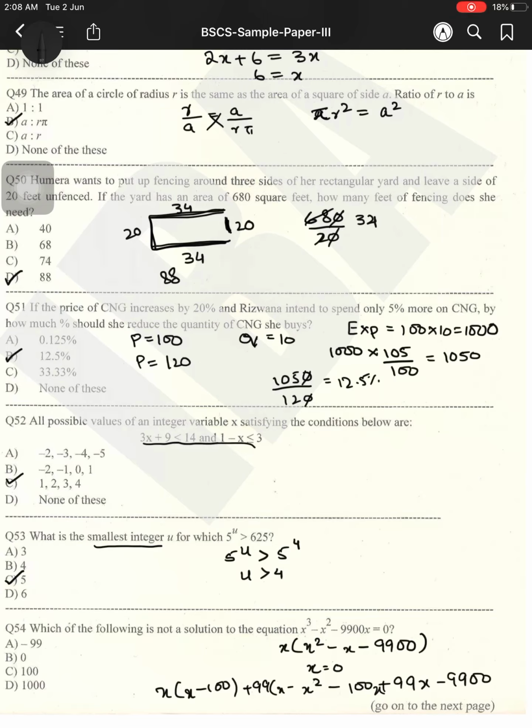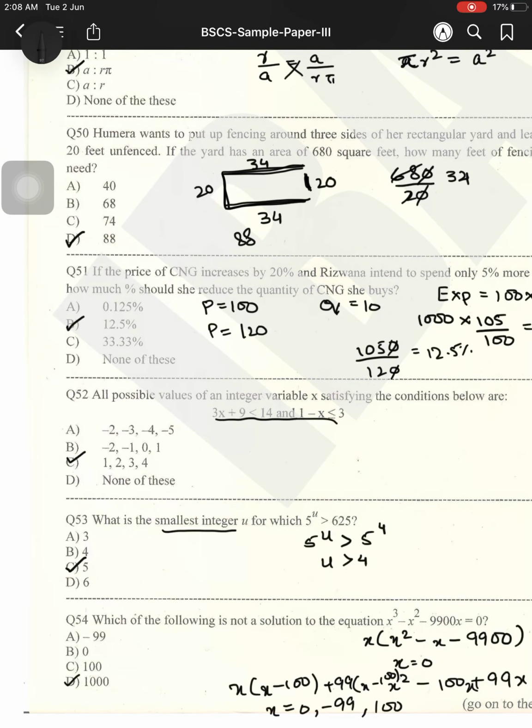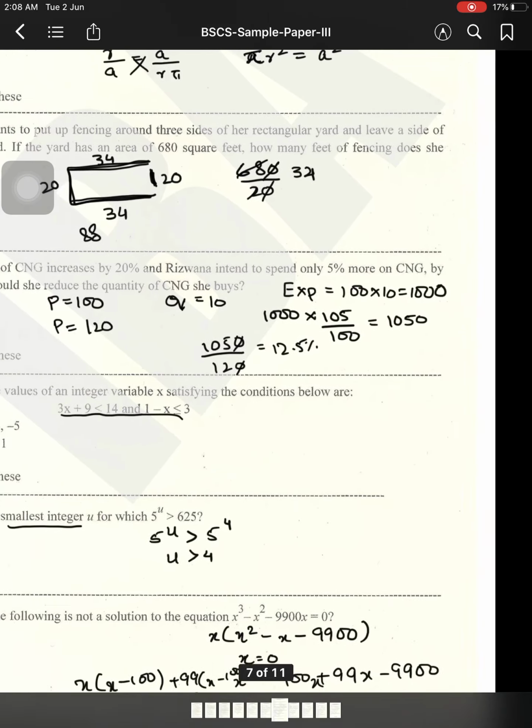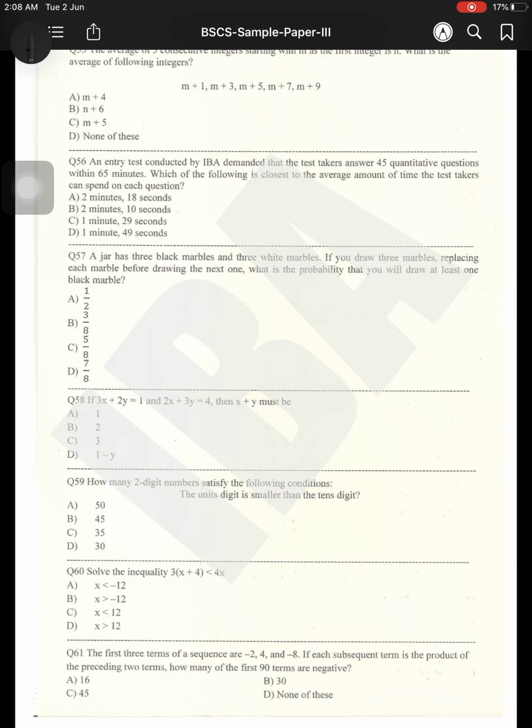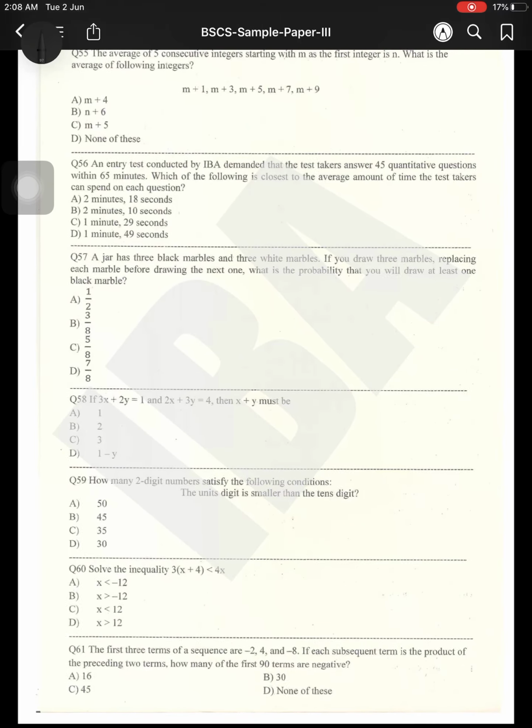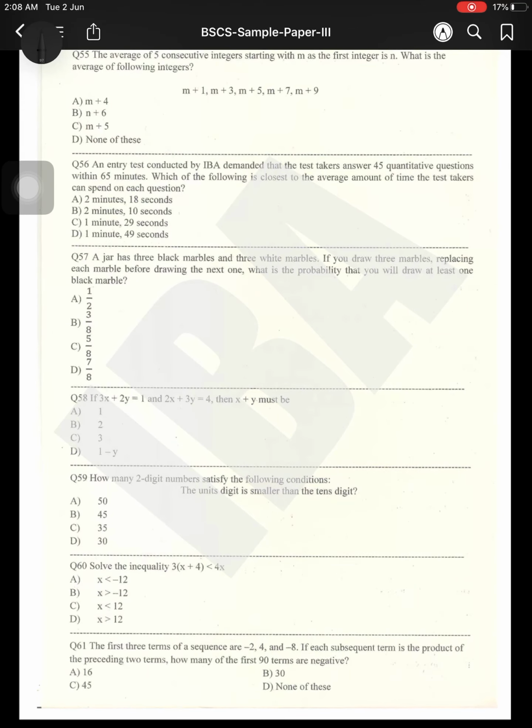So x minus 100, plus 99, x minus 100. So x is equal to 0, minus 99 and 100. He's asking which one of these is not a solution. The 1000 is not a solution. That's D. Let's move on.